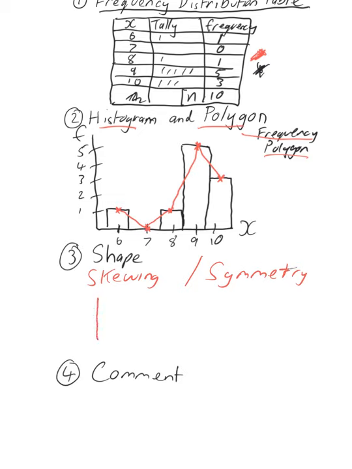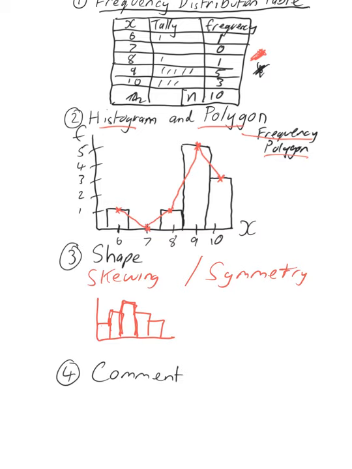A graph or a histogram is symmetrical if it's just about the same either side, like a line up the middle of your face, okay, so that's close to being symmetrical there. It doesn't have to be perfectly symmetrical, okay.